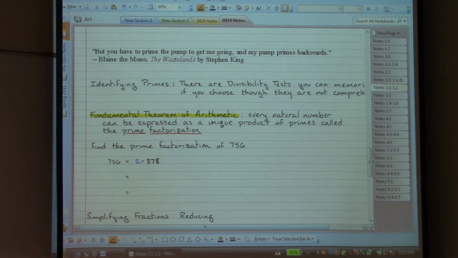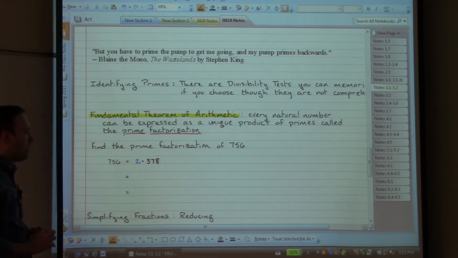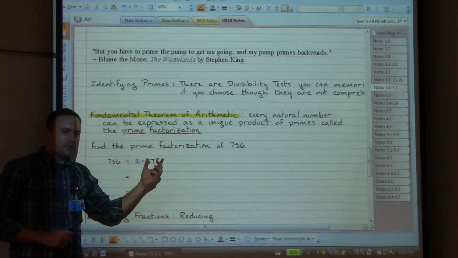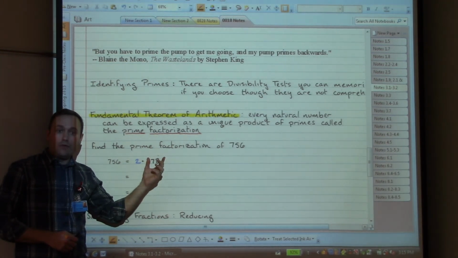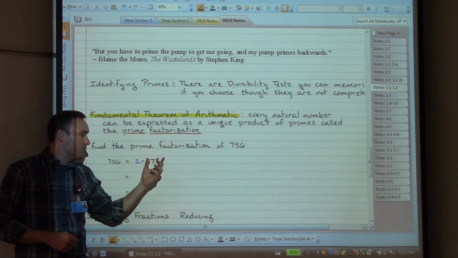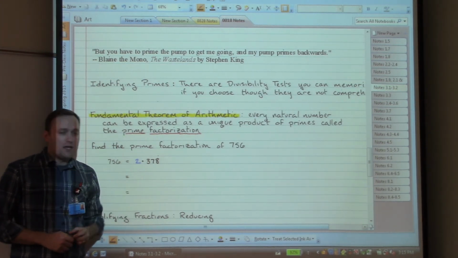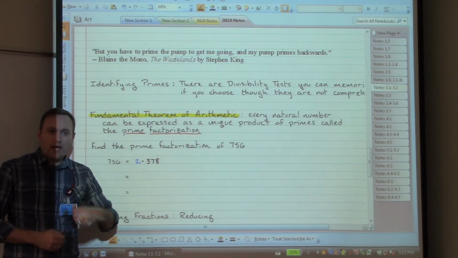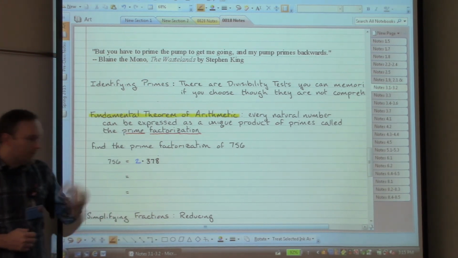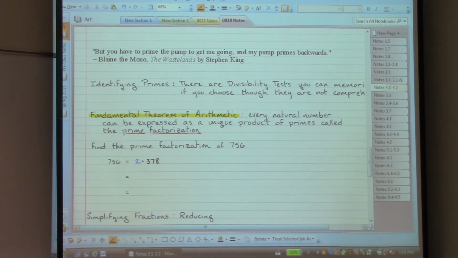Now we want to go ahead and take that 378 and break it apart even more. Let's not ignore the fact that another 2 might be usable. Certainly is. 378 is an even number, which means that we can go ahead and break off another 2.